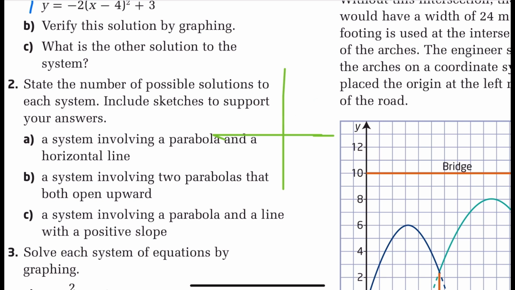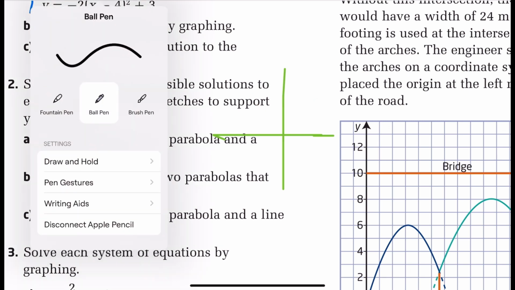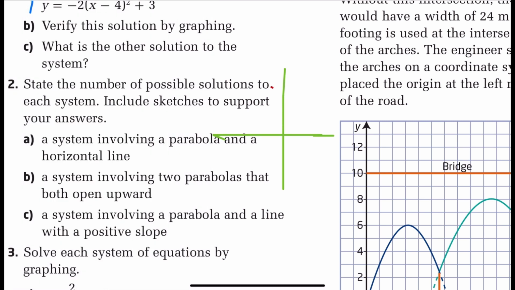The second possible case is your first parabola is like this, and the second parabola is like this. Now you can see there is 1 point, so there is one solution.